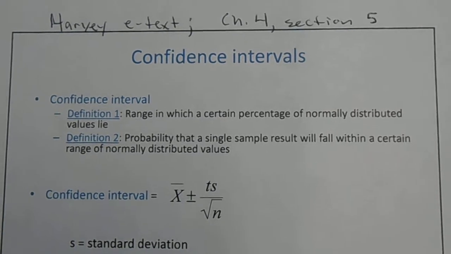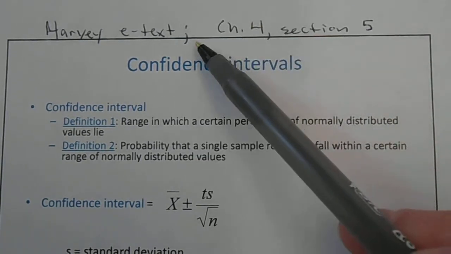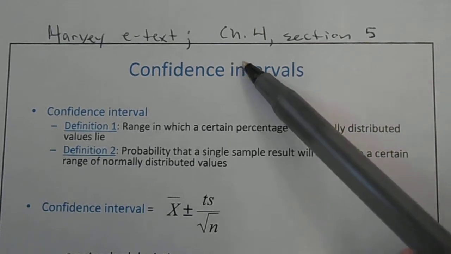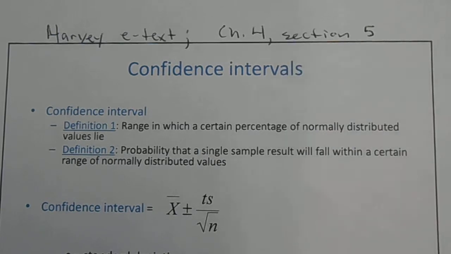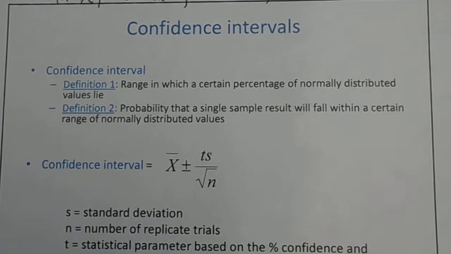Okay. All right, so now moving over to confidence intervals, these are used as the practical application of our theoretical understanding of Gaussians. For more info on this and some examples, you can see this section in the Harvey text. Take a moment to look over a couple definitions of confidence intervals here.